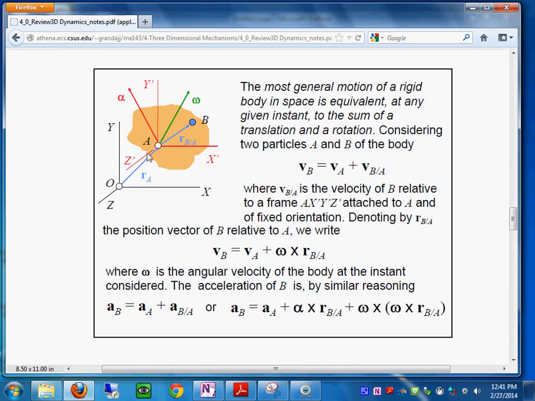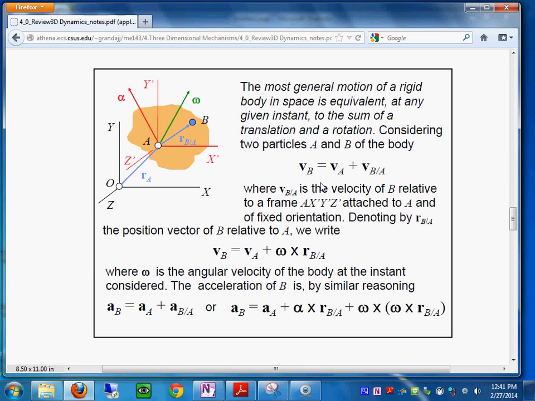So in this case, we are going to join the origin to the point A, and then calculate, using the point B, the velocity of B with respect to A, using this to find the acceleration.